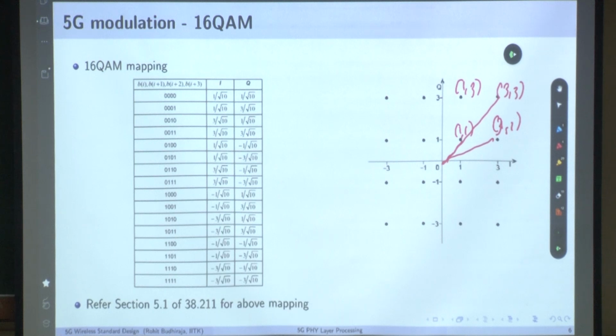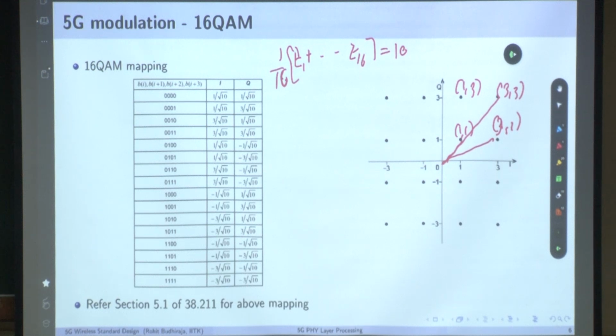But if you do this, the energy comes out to be 10. So 1 by 16 times E1 plus up to E16, this is the E average, and it will come out to be 10.